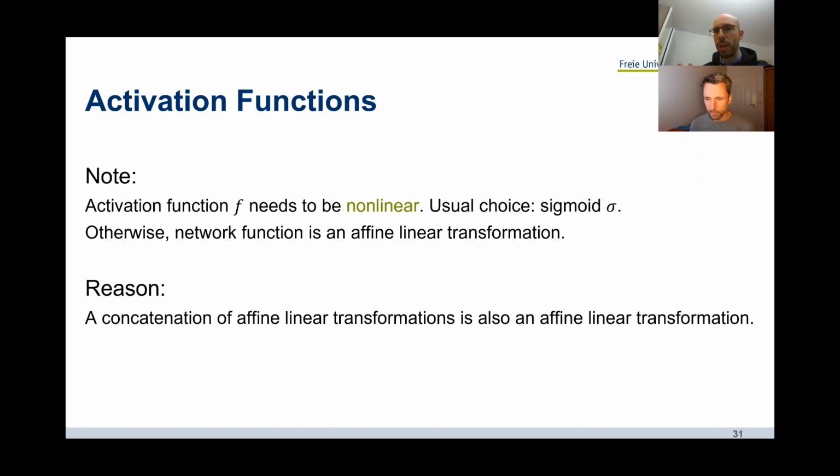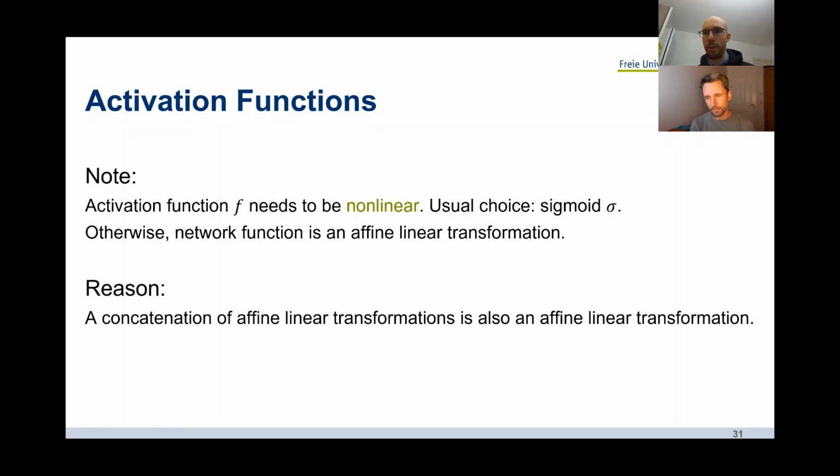So what you need to know is that the activation function needs to be a nonlinear function. The reason for this is that if we don't use a nonlinear function, so basically if we don't use any activation at all, but just an identity as activation, the function that our entire network represents is just an affine linear transformation.